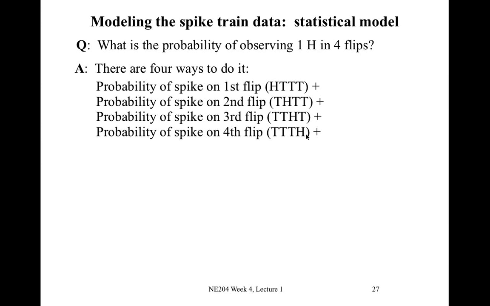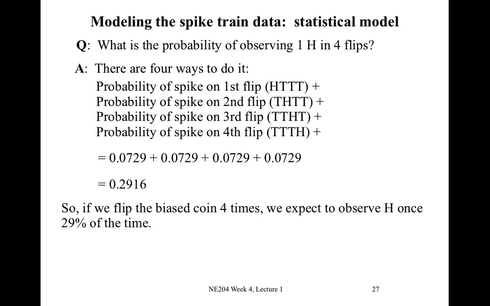So we have the probability of H on any of the first, second, third, or fourth coin flips. So these are 4 different ways we can observe one H in 4 flips, and we're going to add up all of their probabilities. And we computed explicitly the probability of each of these possible outcomes, and we saw it was 0.0729 in each case. And if we add up all those values, we get the following, 0.2916.